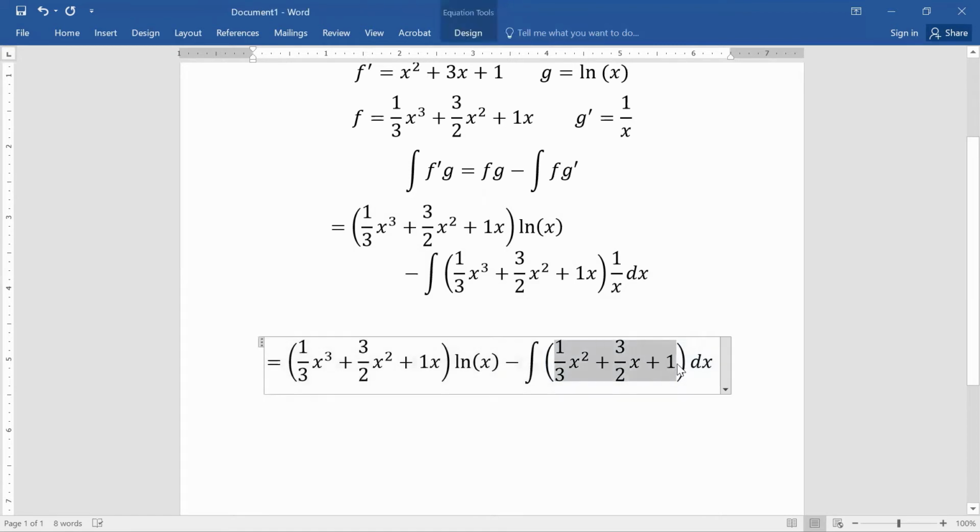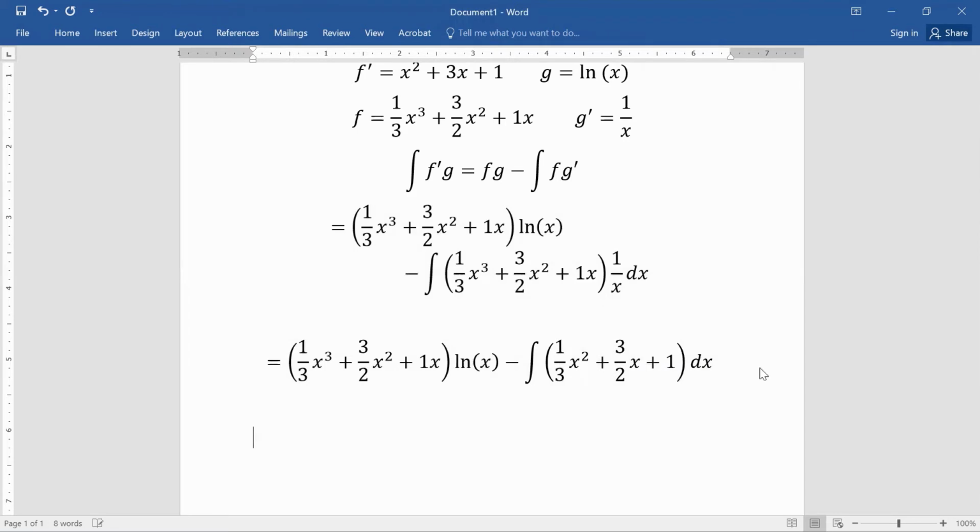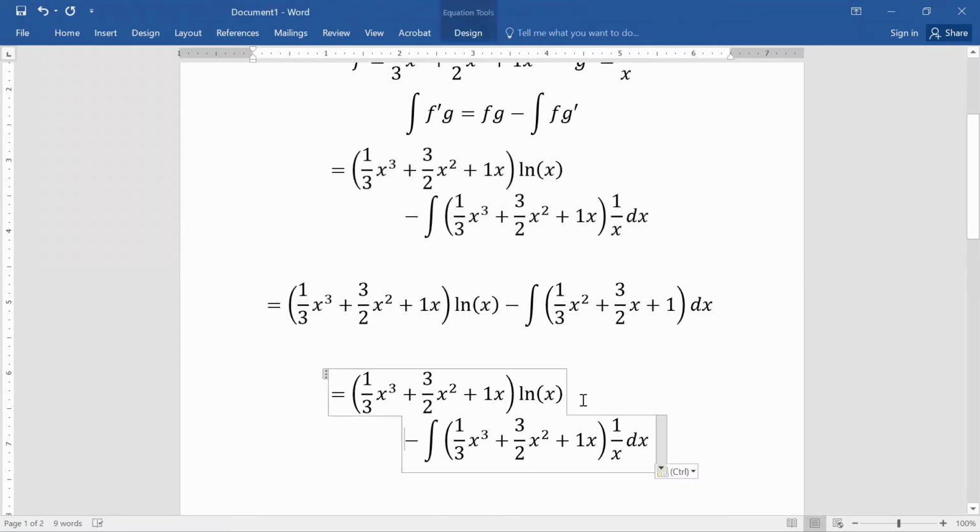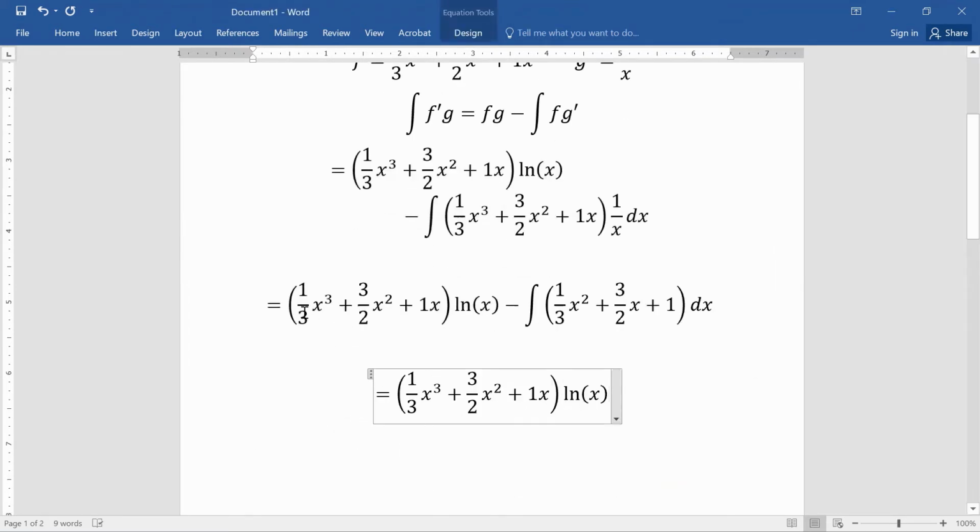This is an easy polynomial to integrate using our basic rules. What I can therefore do is say that this expression minus the integration of this is my final answer.